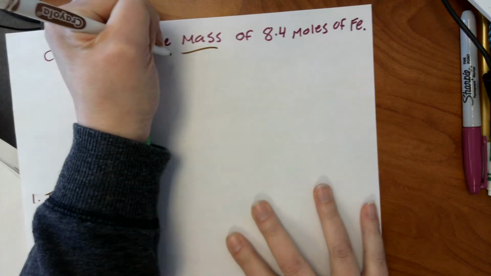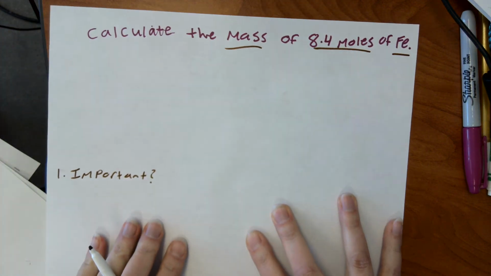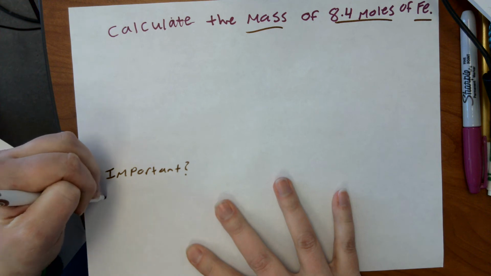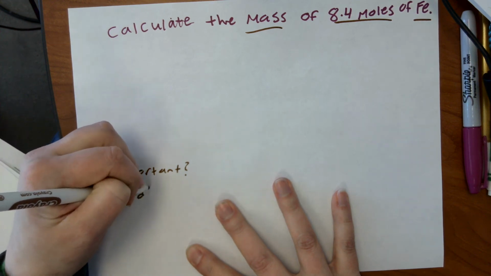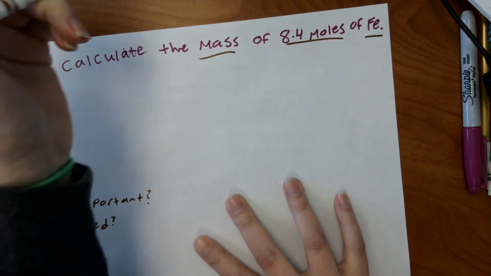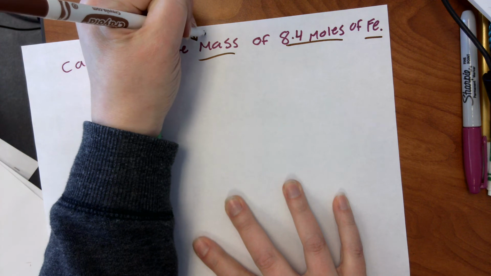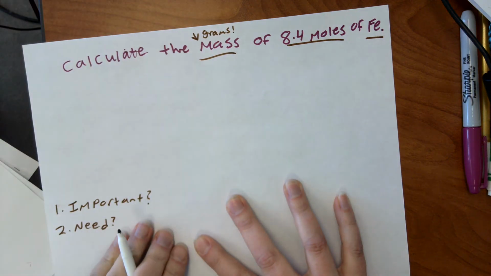Mass. 8.4 moles and iron seem all like they're important. 2. What do I need? I need to calculate the mass again, so I need this in grams at the end.